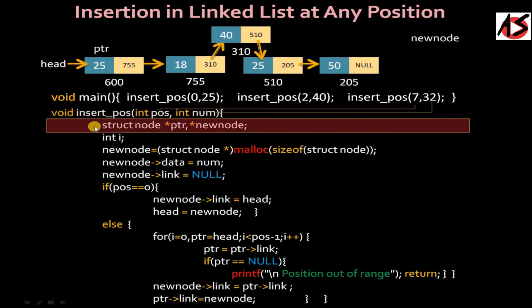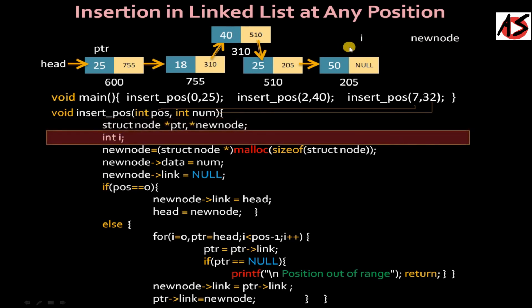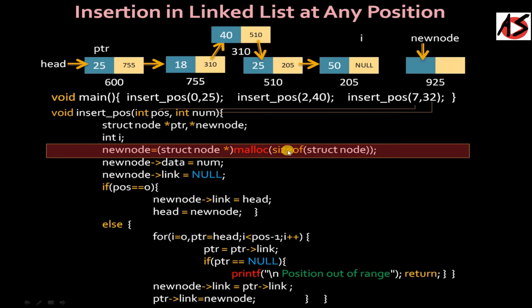Now again we are defining two pointers, one is pointer and second is new node. We are also defining the integer variable I, and then we are allocating the memory with the malloc function of size struct node. So here we can see 925 address is allocated for the new node.